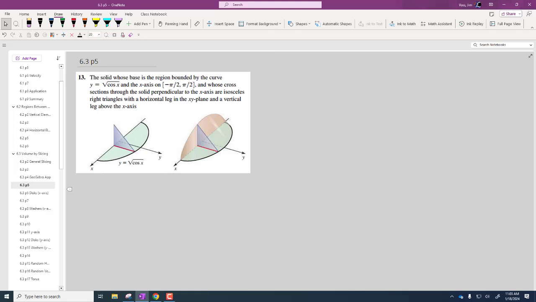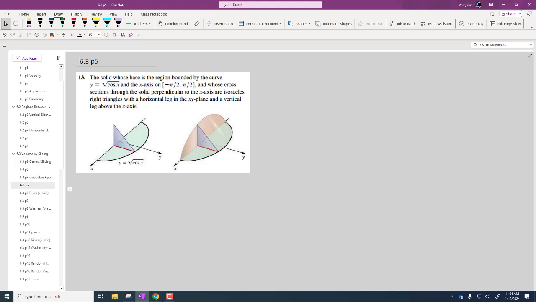So here we have a semicircular base. When we say base, you're imagining the solid sitting on top of the base. The base is down in the xy plane. Then we indicate what kind of cross sections we're going to have on this shape to build the solid object. I said semicircle, but it's maybe not exactly a semicircle because we have a trig function; it's like a semicircle.